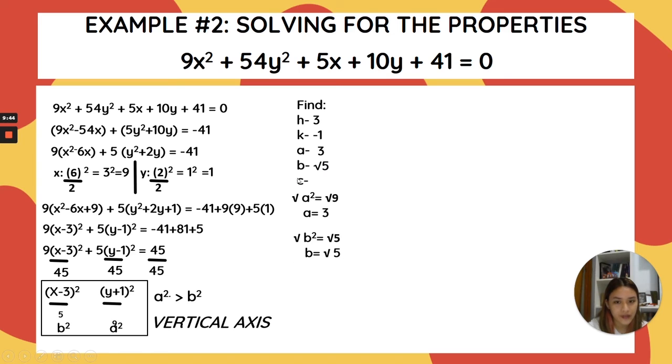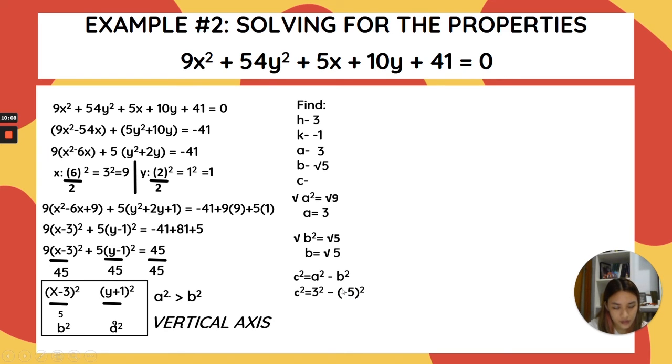Lastly is to look for the value of c. To look for the value of c, we need to use this formula here. c squared is equal to a squared minus b squared. So now we substitute. c squared equals a is 3, so 3 squared minus b is square root of 5, but it will be negative 5 squared.